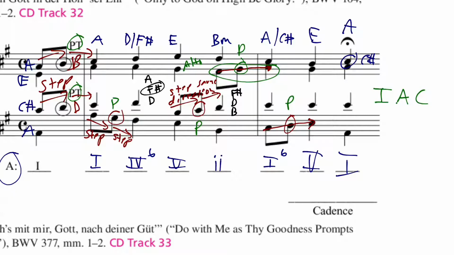Okay, and we're going to have a passing tone in the bass. Regular chord, now a passing tone in the tenor, right here. Now a passing tone in the alto. Passing tone in the bass. And our cadence, and we end on a 1 chord. So a little bit faster motion on that then.